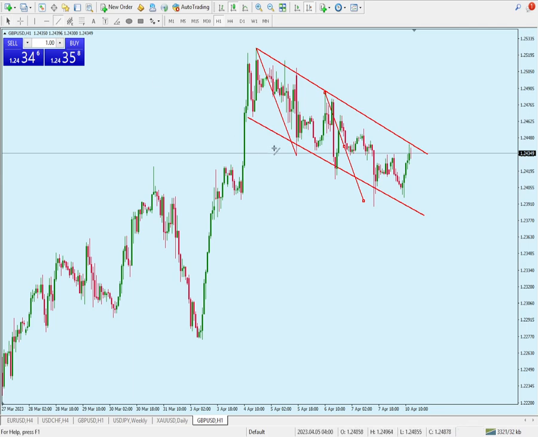Let's change the color of these lines. It will be further easy for you because you need to understand this concept. I think blue will be perfect.